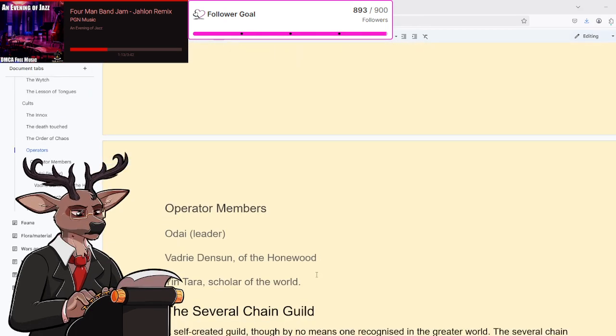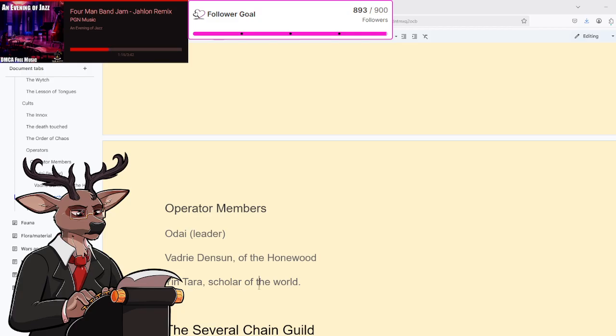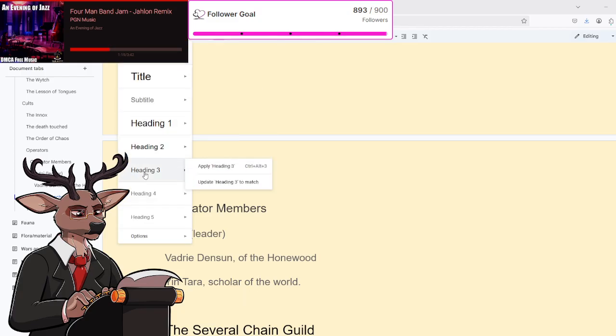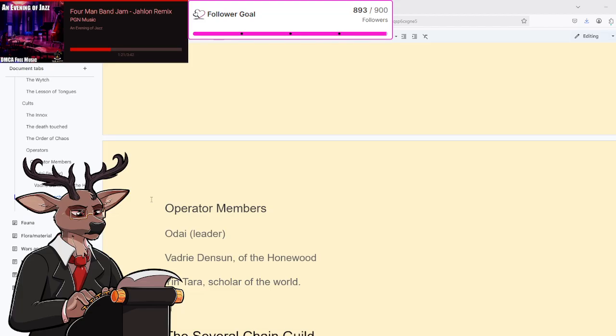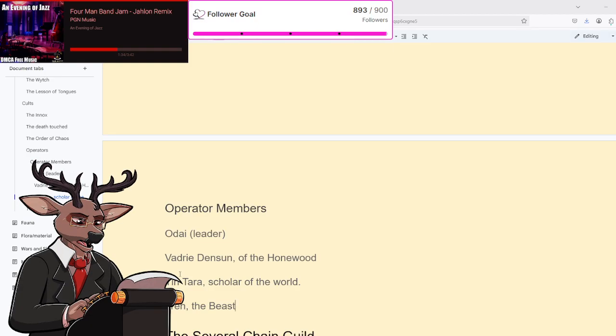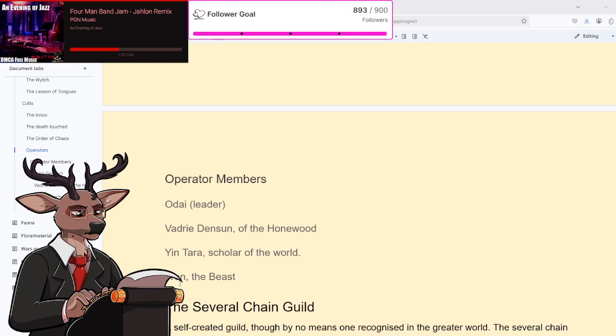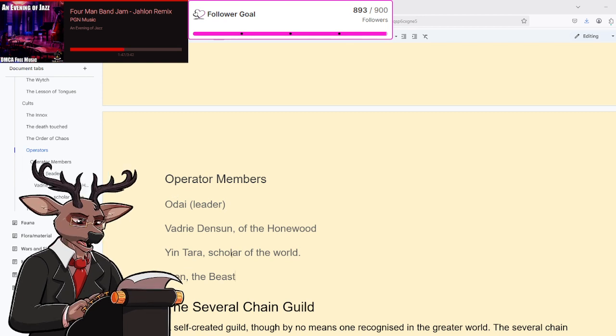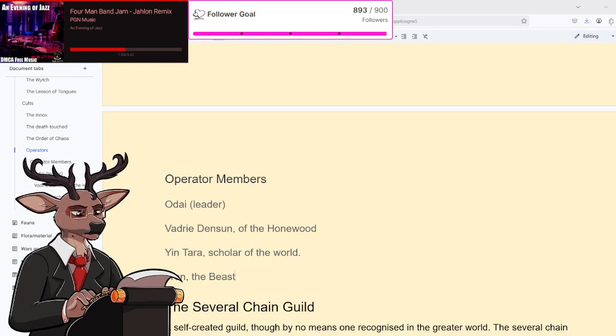Guilds. That's heading 4. Vadri, Yin, Tren, Oda is the leader. Do I want one more? I mean, I definitely do want one more. But who?